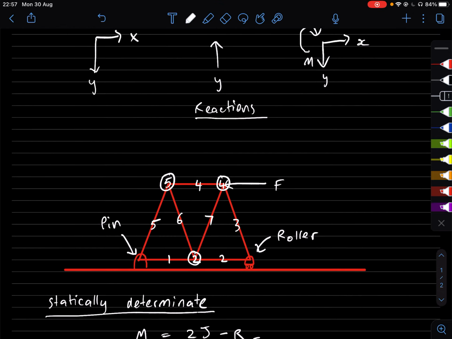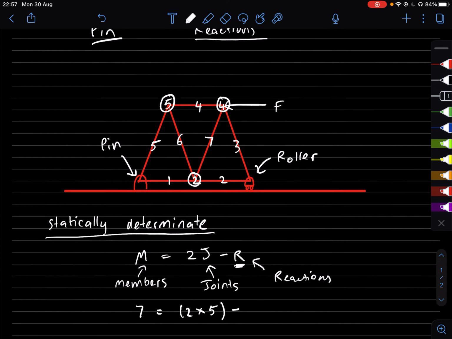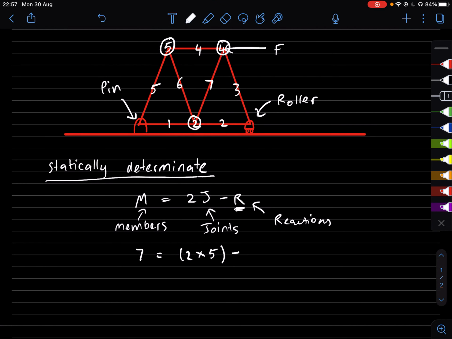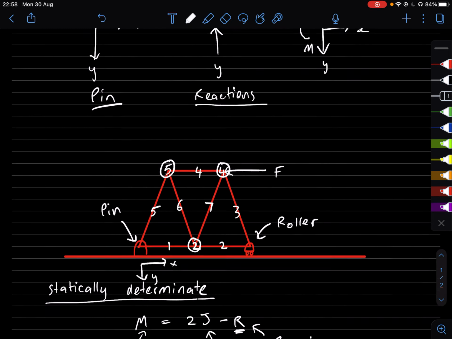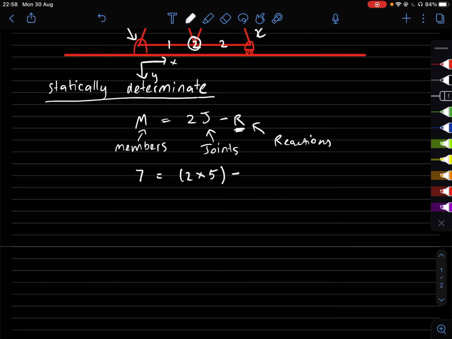Let's go back. So pin, it's going to have an X and a Y reaction. Okay, X and a Y. And the roller, that's just going to have the Y reaction. Okay, and that's going to be a normal reaction like that.